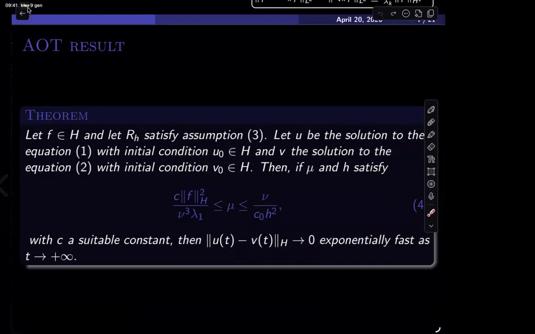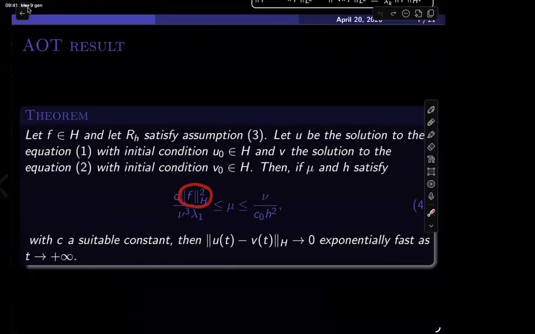And what are the conditions on the parameters? Basically, you see that the conditions that mu and h have to satisfy are these. So h has to be sufficiently small, which means that the spatial resolution has to be sufficiently small, and mu has to be sufficiently large, and both parameters are related to the parameters appearing in the Navier-Stokes equation.